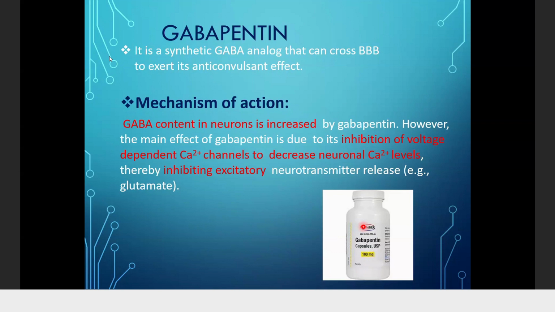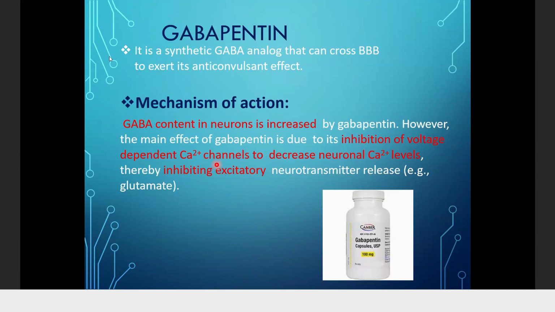Okay, so this is a synthetic GABA analog. Remember the mechanism on the GABA voltage channels. This is a synthetic analog that crosses the blood-brain barrier to exert its anticonvulsant effect, so this one acts indirectly. The GABA content in the neurons is increased by gabapentin.